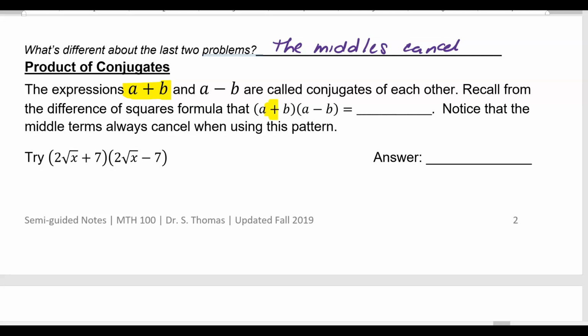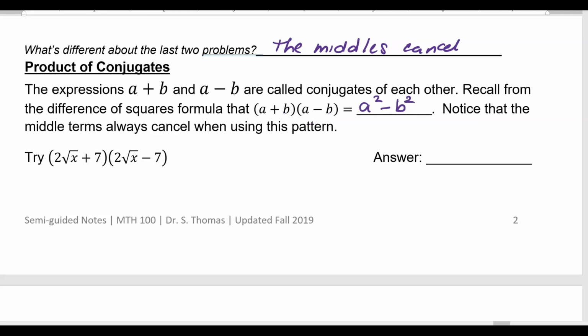Notice again, only what's in the middle is different. When that happens, the middles will cancel. So really, you only have to multiply the a times the a together, which is a squared minus, and the b times that, so b squared. So notice the middles will cancel out because it'll be ab minus ab in the middle if you FOIL this out. But if they're conjugates, you can really skip those two steps in the middle.